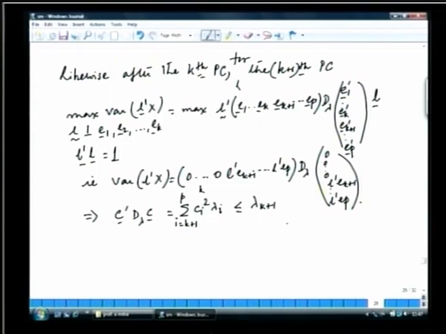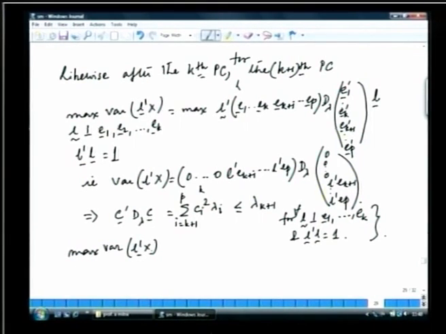Now, note that while we are writing this, we are considering the fact that for every L orthogonal to E1 to Ek as well as L transpose L is equal to 1. Okay. After considering these two sets of criteria, we obtain this, and this gives us the maximum of variance of L prime x, maximum over L such that L is orthogonal to E1 to Ek and L prime L is equal to 1.